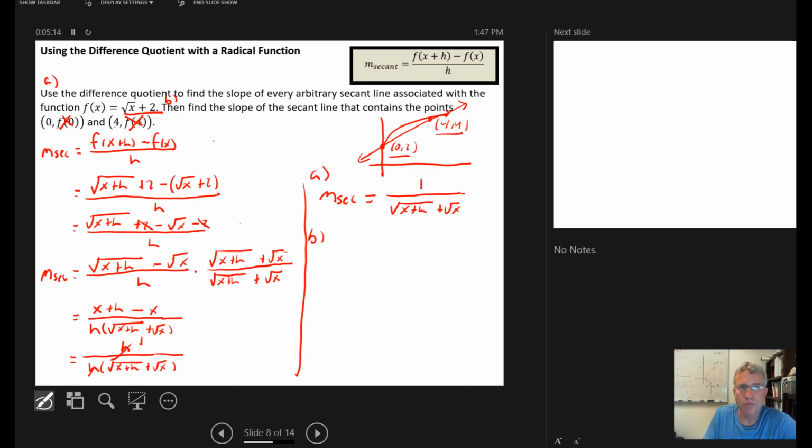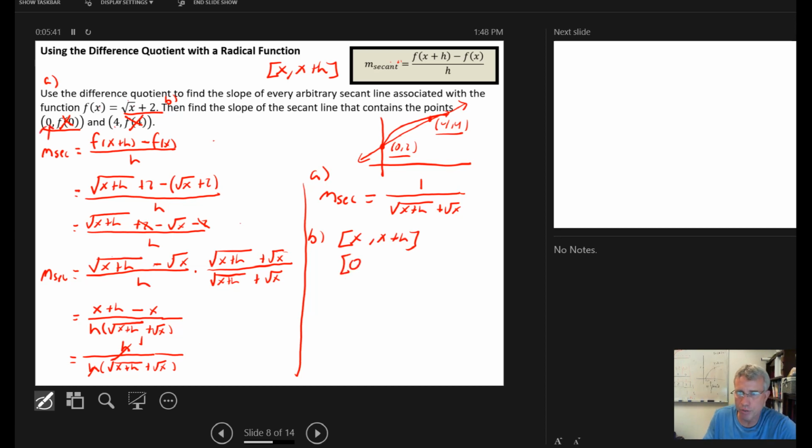Part B says find the slope of the secant line that contains the points 0, f of 0 and 4, f of 4. And so what we want to remember is that when we're working with the difference quotient, we're working over the interval x, comma, x plus h. So in this case, if we have x and x plus h, the x is the first x coordinate, which is 0.